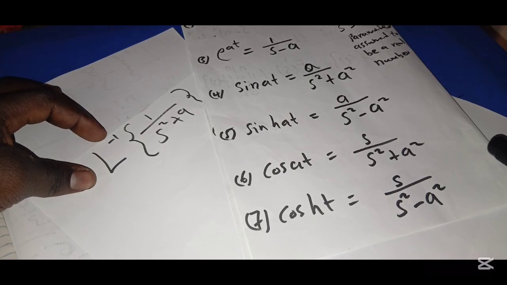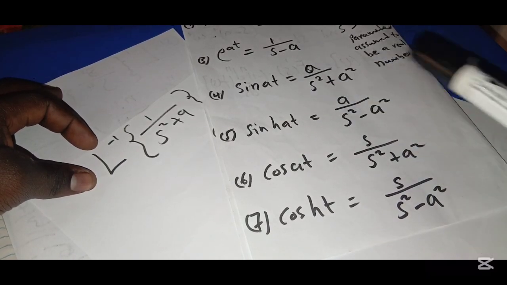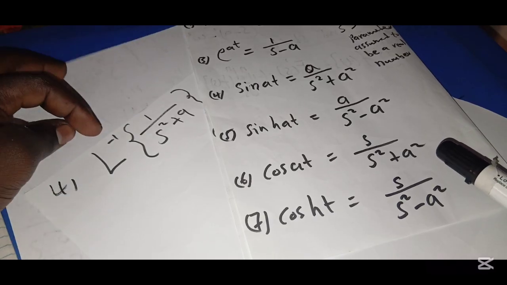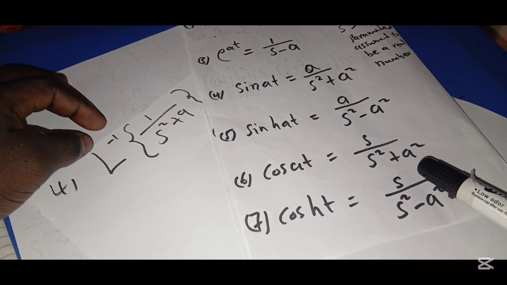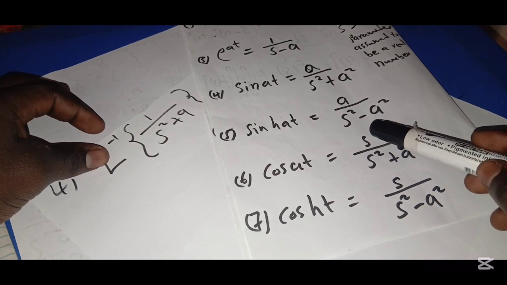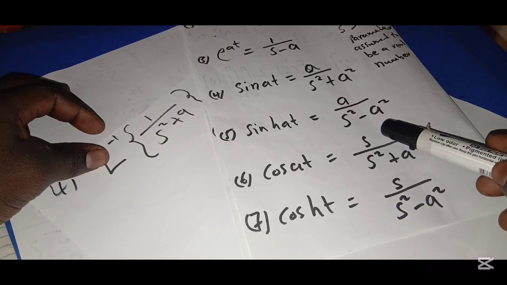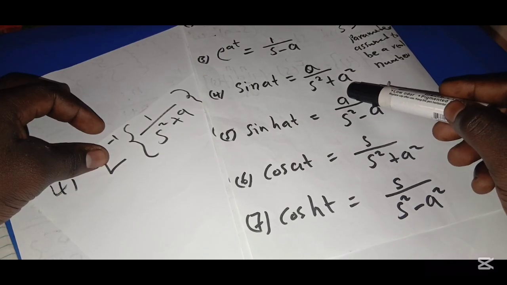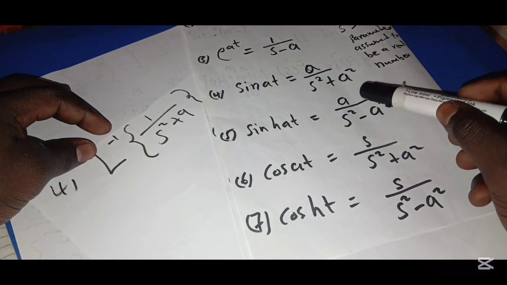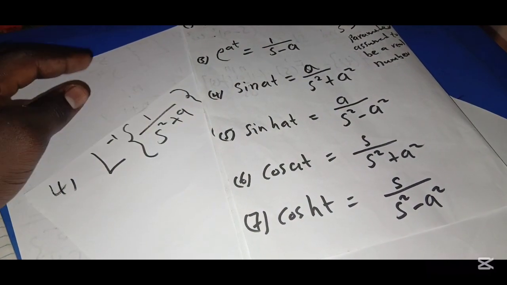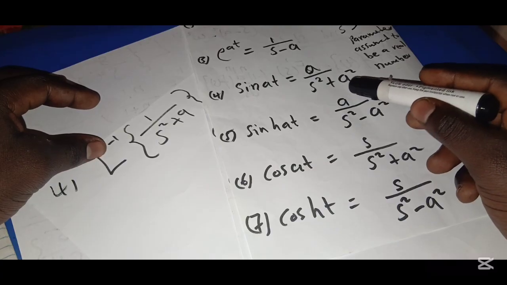So looking at where your problem is coming from, consider the numerator and the denominator. Looking at this problem here, can I say it's coming from cos? No, because for cos we have an s term at the numerator side. And for sine, it is only a that we have at the numerator side. So this problem is probably coming from the sine function.